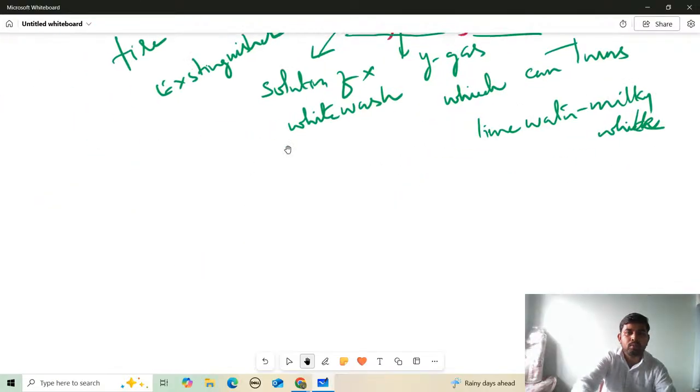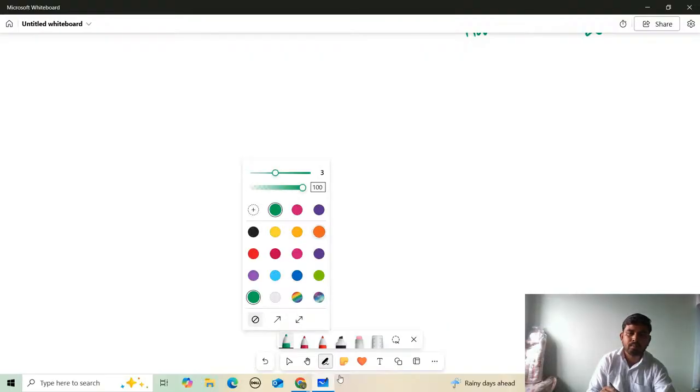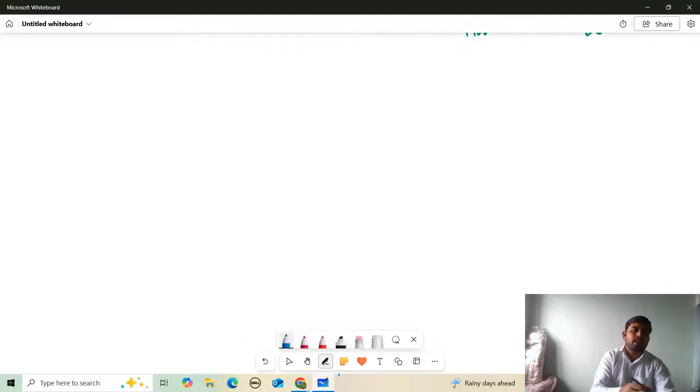Now one more example of decomposition reactions. We take the example of iron sulfate.